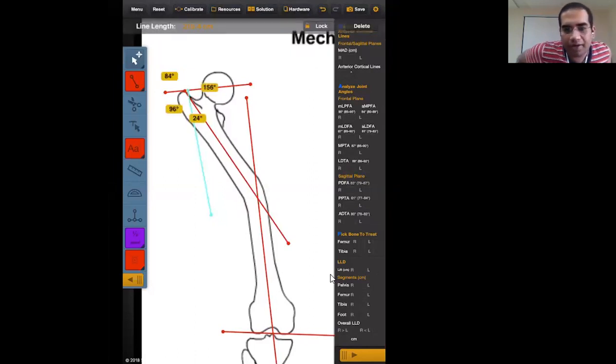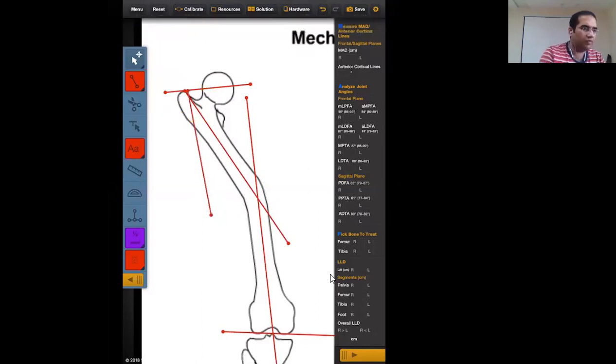And when we calculated using the mechanical axis, it gave us the deformity of 22 degrees, which is more or less the same. So again, we will be doing the same planning. If we keep our hinge over here, it will do the correction by shortening.